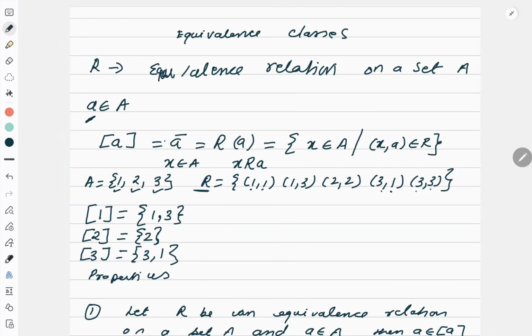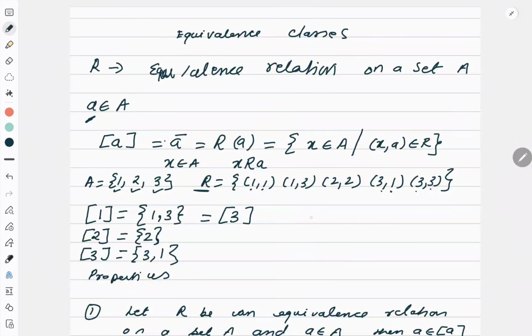Now observe one thing here. The equivalence class of 1 and the equivalence class of 3 are exactly the same. And the equivalence class of 1 and the equivalence class of 2 are disjoint. They have nothing in common. In the same way, 2 and 3 are disjoint. So for any set, if I write down the equivalence classes, I can say that equivalence classes are either disjoint or they are the same.